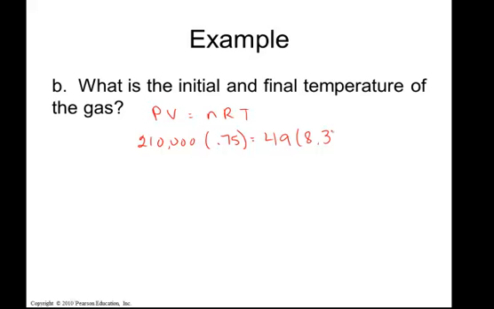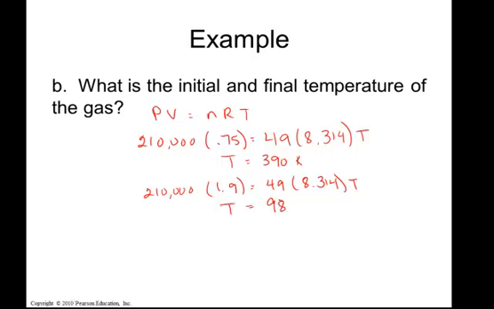R is 8.314, and then I can find T. I'm going to do the same thing for my other volume, which was 1.9. And my first temperature, if I take this times this divided by those two, I should get 390 Kelvin. And then if I take that divided by those, my temperature is going to be 980 Kelvin.